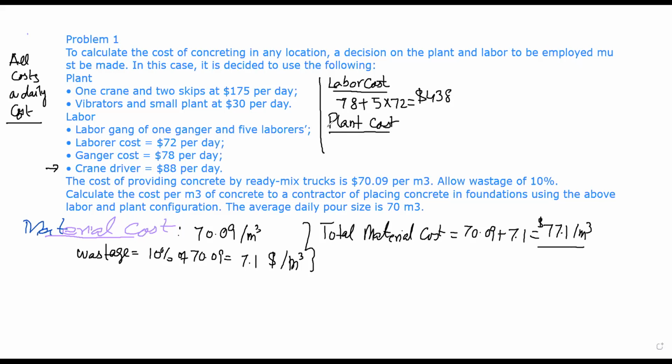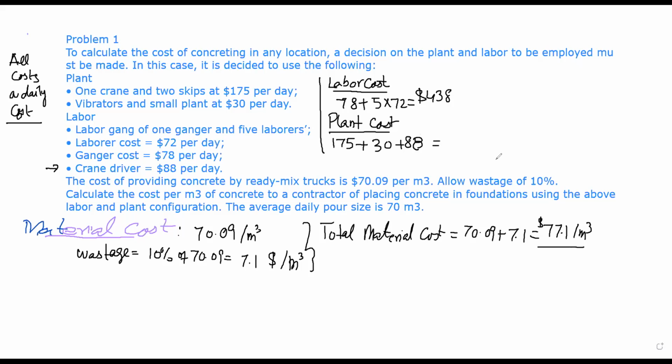One crane and 2 skips at $175 per day. So 175. Okay. And then the vibrator is $30 per day plus $30. And then the crane driver is $88. Okay. So then it will be how much?